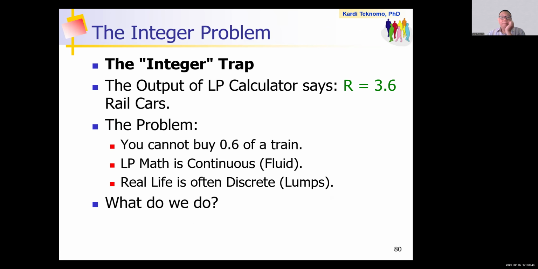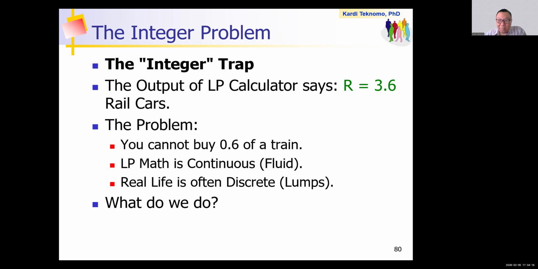So let's start to see the several problems that we have. We run the model, and the computer will say, for example, R is 3.6 rail car. Well, we cannot buy 3.6, isn't it? 0.6 train does not exist.